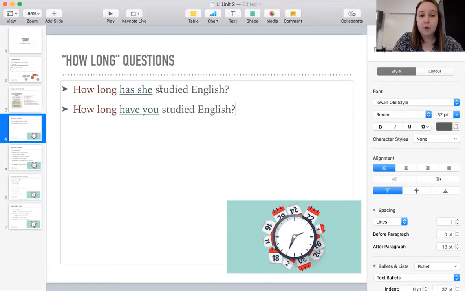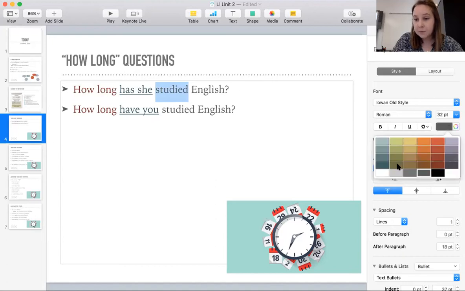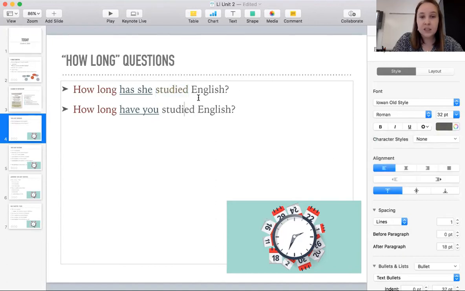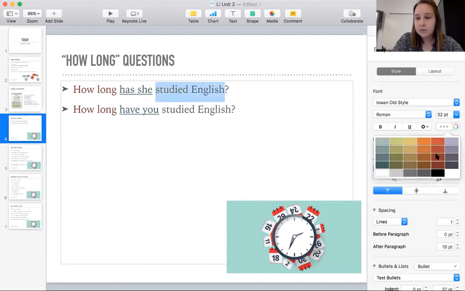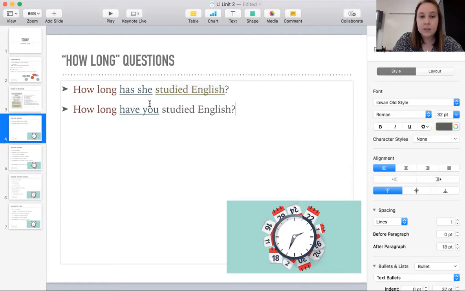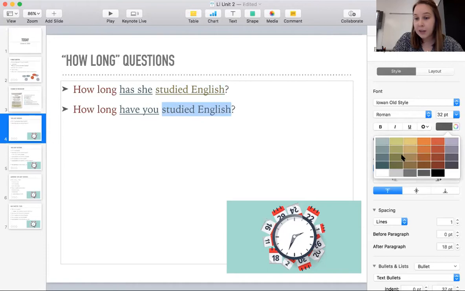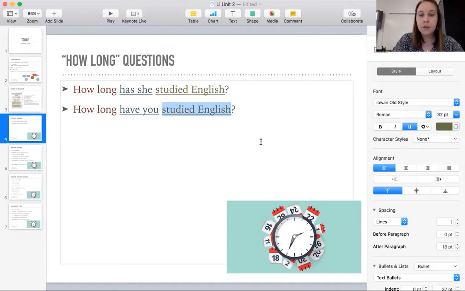The last part of the sentence, where it talks about the action, studied English, let me highlight all of it again. Studied English, studied English. It doesn't change this verb. And this verb is what we call the past participle.